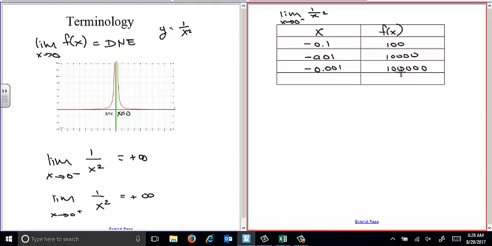I'm pretty sure that's the way it works. I got one more 0. Because I'm squaring it, so I'm taking 1 over a tenth. Well, 1 over a tenth is 10. 10 squared is 100.